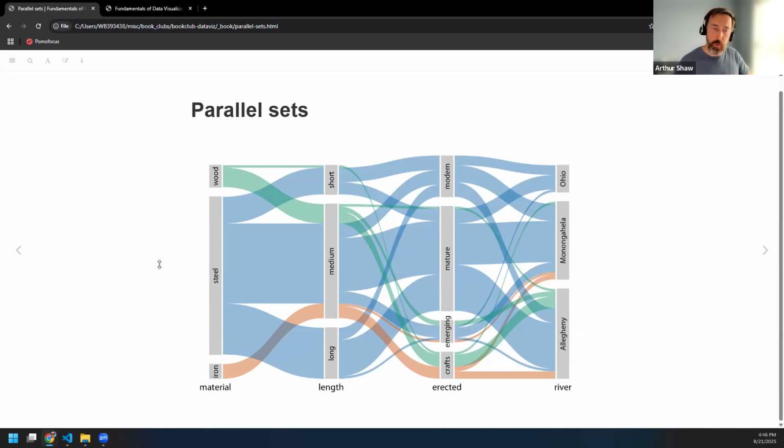There I can easily see where a larger group from time zero goes, almost like a transition matrix, from a state at time 0 to a state at time 1, and so on. Here, weaving these parallel sets through different attributes somehow doesn't work for me, but that's just my own opinion.